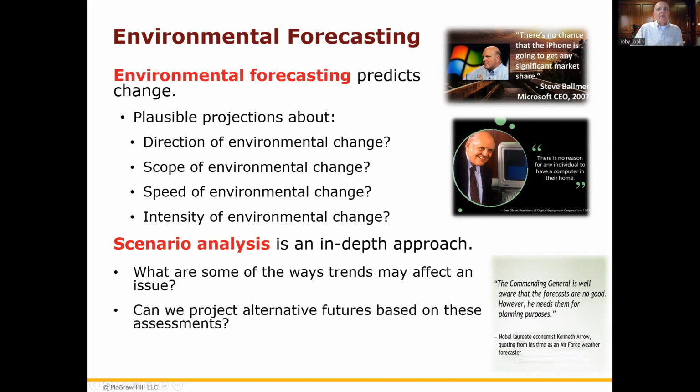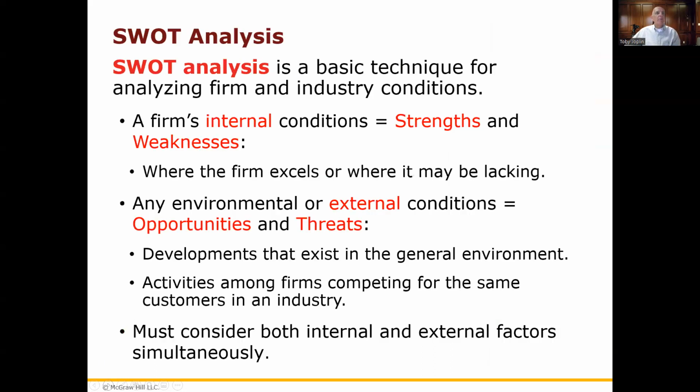Ken Olson, who was the president of Digital Equipment Corporation, you probably never heard of it, but it used to be one of the largest computer companies in the world, said there's no reason for any individual to have a computer in their home. Yeah, swung and missed on that one, right? All to say, it's important to create forecasts of different scenarios, even though we know they're not going to be perfect and some may be considerably wrong.